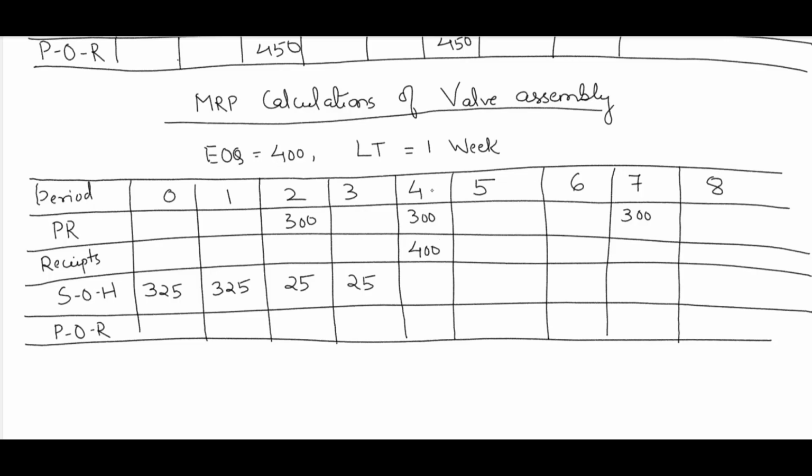And what is the lead time? Lead time is 1 week, so we can order in the third week. So planned order release we are ordering here. So now we are having 400 plus 25, 425 minus 300, so it is equal to 125. Sorry, it is 125.